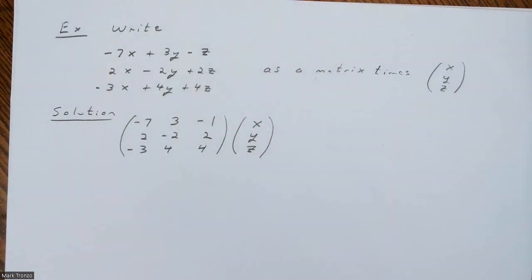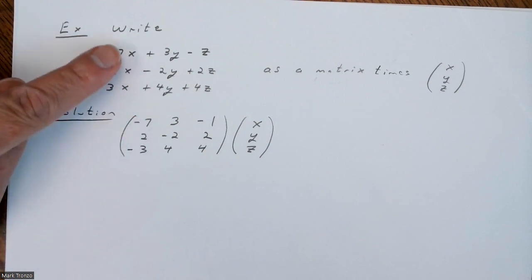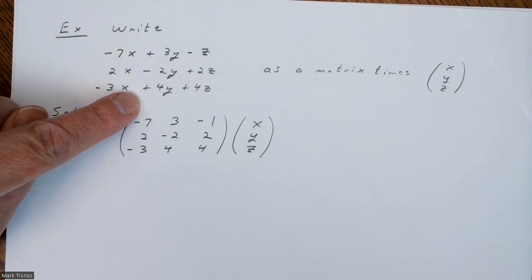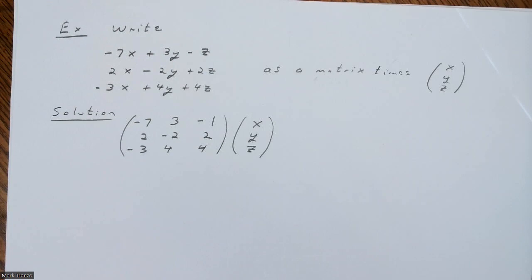So in other words, all I did was take the coefficients of x and put them in the first column, coefficients of y in the second column, coefficients of z in the third column, like this. And then took this out.